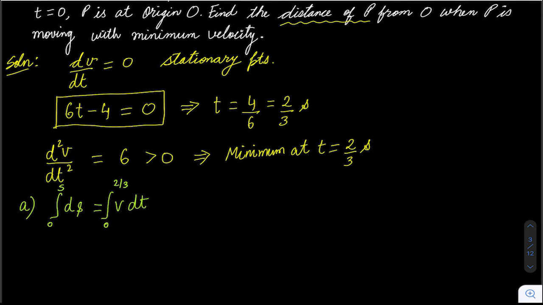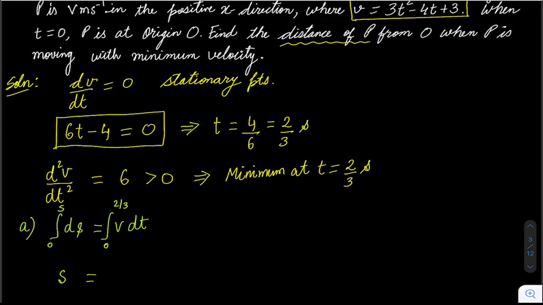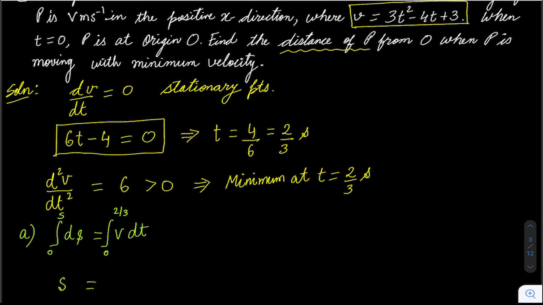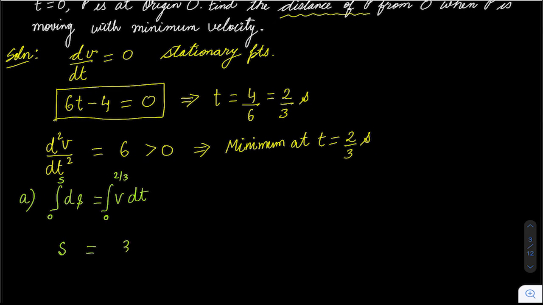Okay, so if you integrate the first one, you get s minus 0, that is s only. Second one, v dt. So what is my velocity? 3t square minus 4t plus 3. So integration of 3t square minus 4t plus 3, from 0 to 2/3, dt.